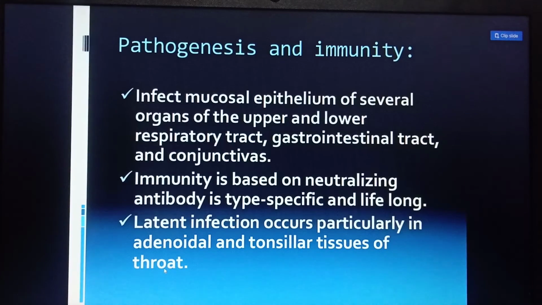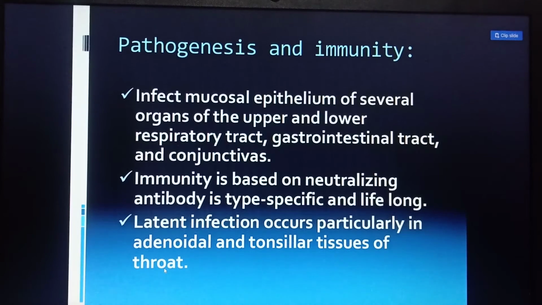Okay, so pathogenesis and immunity. Pathogenesis means how the infection is going to occur in the structure. Previously we discussed only virus replication; now, how it is going to infect. The etiological factors we have already seen: droplet infection or through the fingers.